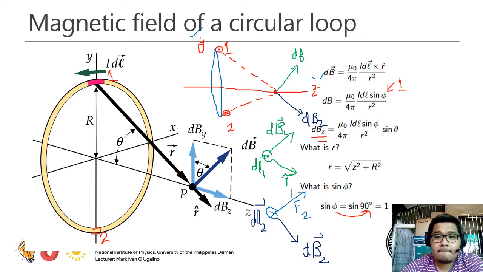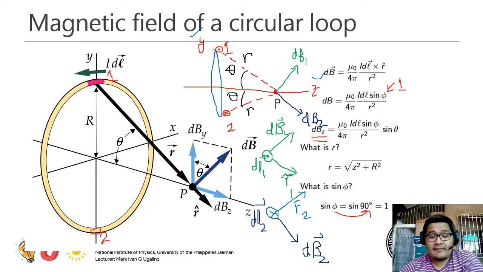Now, one more thing that you should take note of: this angle theta is equal to this angle theta. Also, the distance of dl1 to the point P and dl2 to the point P are the same.